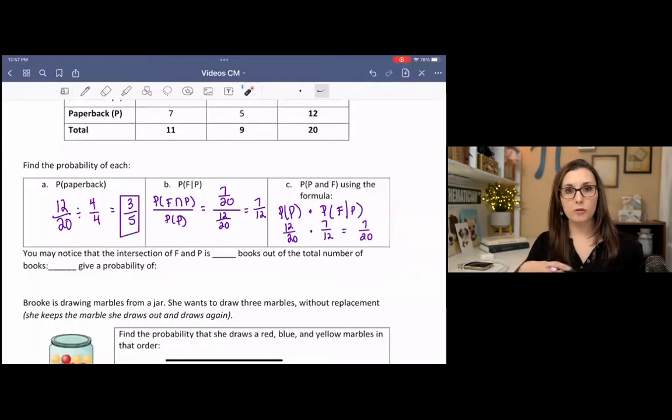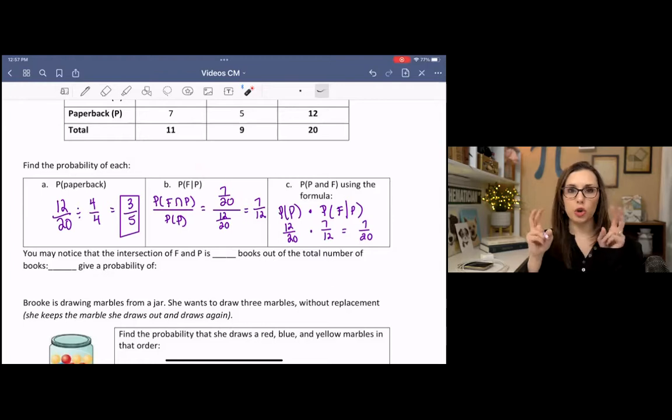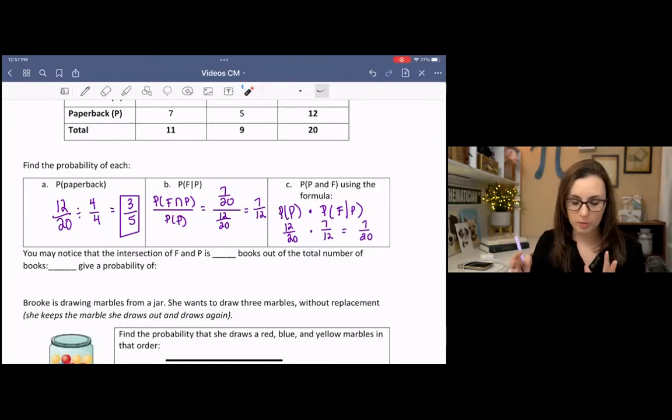Now that we've used the formulas, so you know the mathematical way that we found these numbers, I want to go back over B and C using some logic techniques. So kind of using common sense here. We already talked about in the previous video that when you're looking at conditional probability, the second letter becomes the new universal set, the new sample space of total possible outcomes.